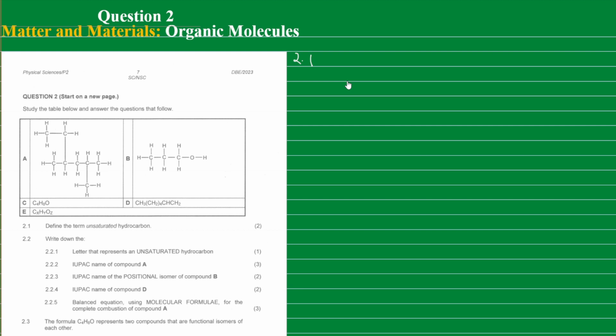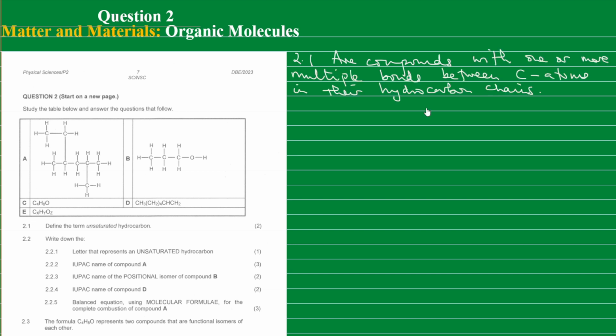What are unsaturated hydrocarbons? Unsaturated hydrocarbons are compounds with one or more multiple bonds between the carbon atoms in their hydrocarbon chains.